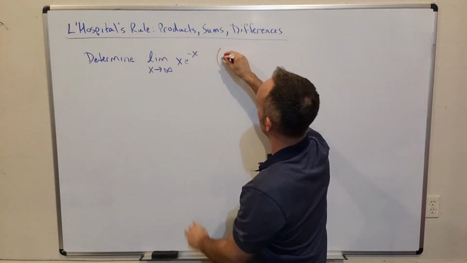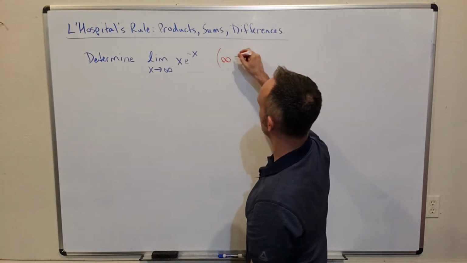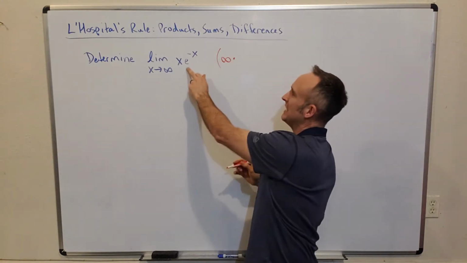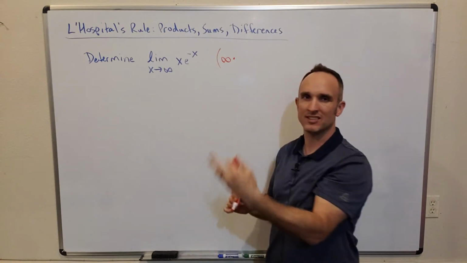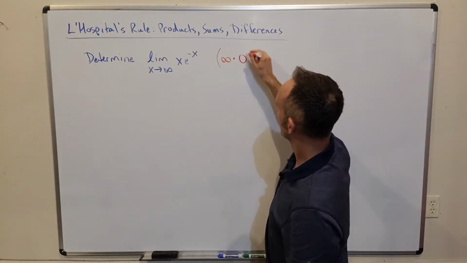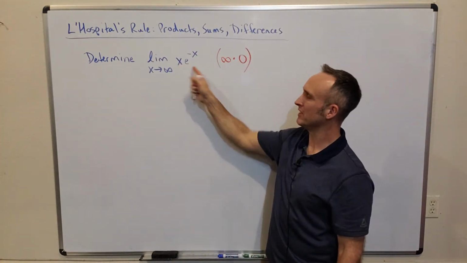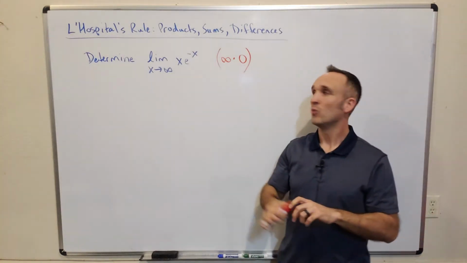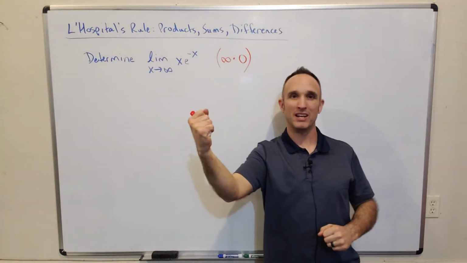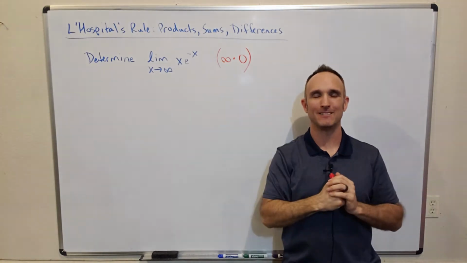X goes to infinity, so this guy approaches infinity times e to the negative infinity, which is 0. So this thing's approaching infinity times 0. One part of it's getting really big, times the other part's getting really tiny.